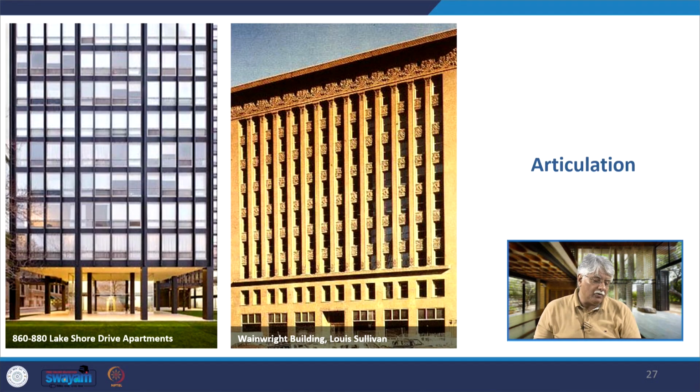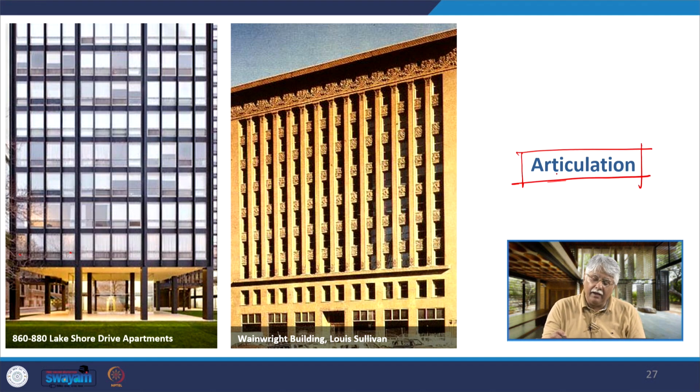Now this whole idea of providing these I sections is based on the principle of what is called articulation, and it can also be called tectonic articulation. That means we are articulating how the building has actually been constructed. We can visibly see the constructed elements of the building.